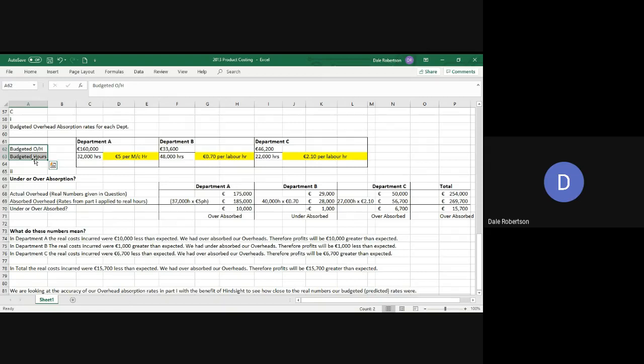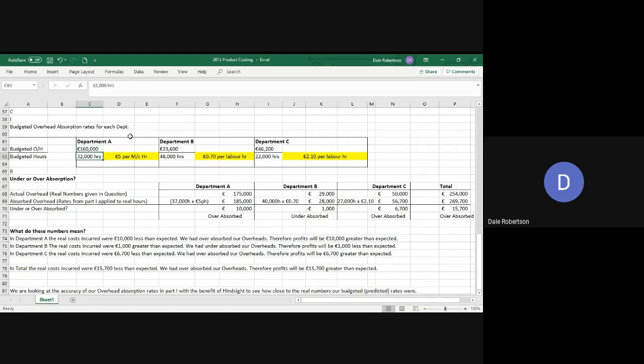But in this question, you do have machine hours and labor hours. So in the first table, you see how you have both hours. You need to pick the most suitable one, and that is the dominant one, whichever is the biggest number. That's why for Department A, I have 160,000, which is the overhead. Now I have an option of either 32,000 machine hours or 7,000 labor hours. Of course, I'm going to go with the machine hours.